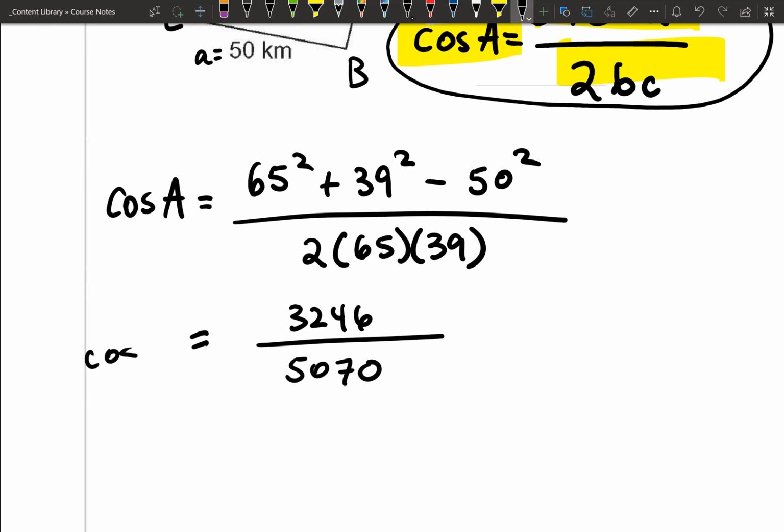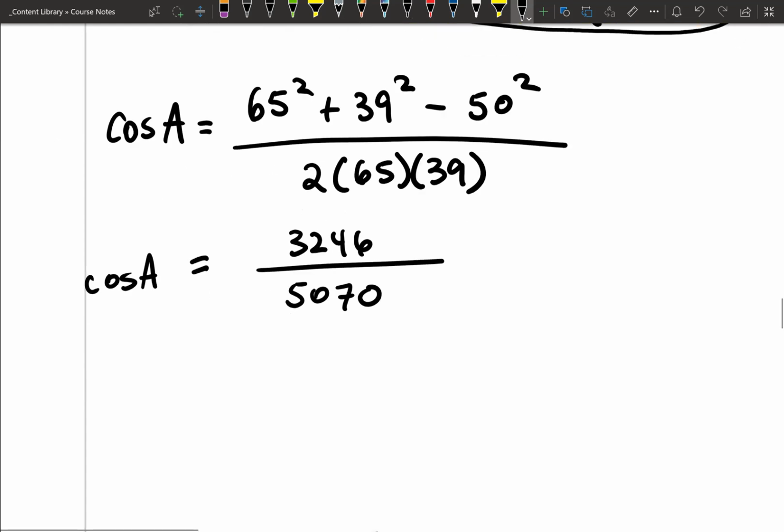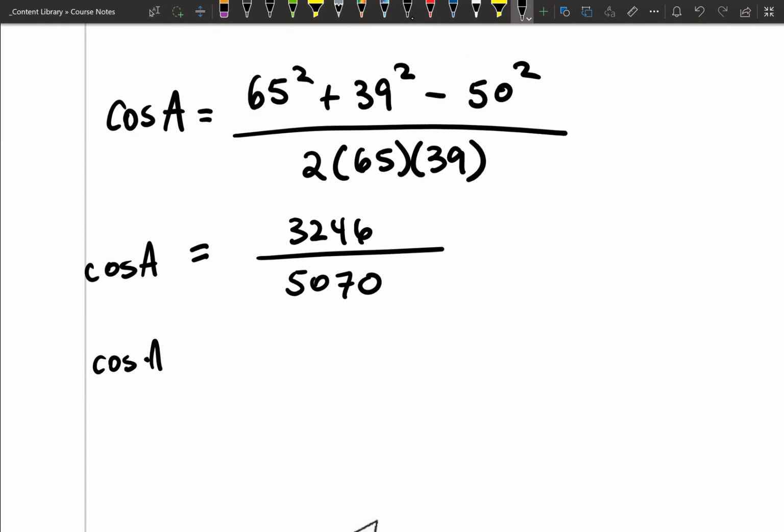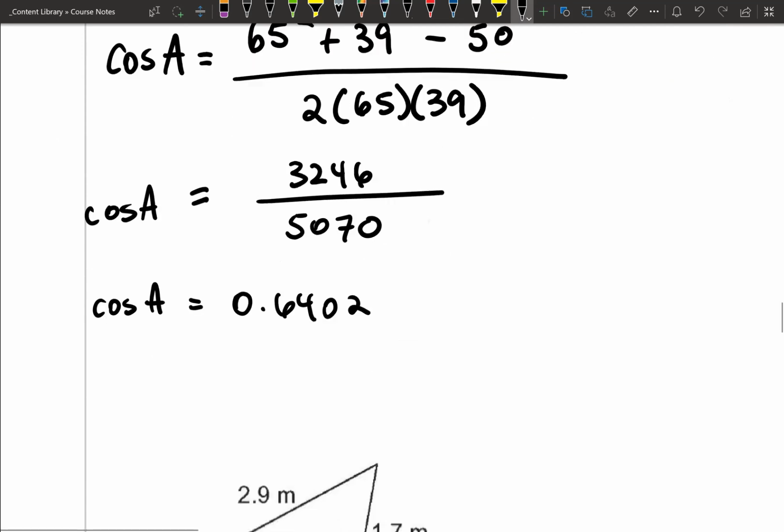And that's equal to cosine A on the left. Continuing on to the next line, cosine of A equals 3,246 divided by 5,070. And that gives us 0.6402 if I take it to 4 decimal places.